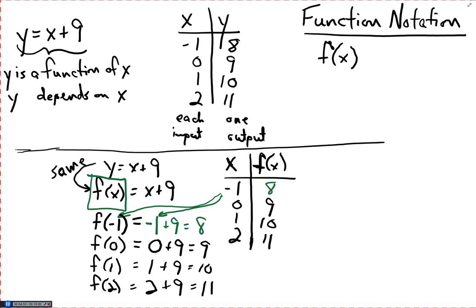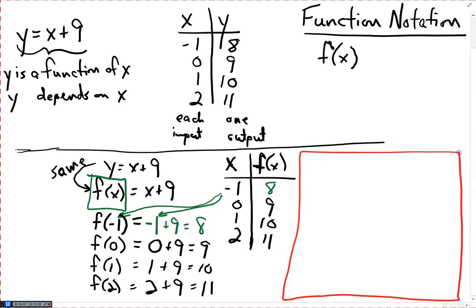And now here's the important thing, and this is the point of confusion for a lot of people. Notice that this function notation, f of x, kind of looks like multiplication. And a lot of students think, oh, there's an f and then there's the parentheses with an x.